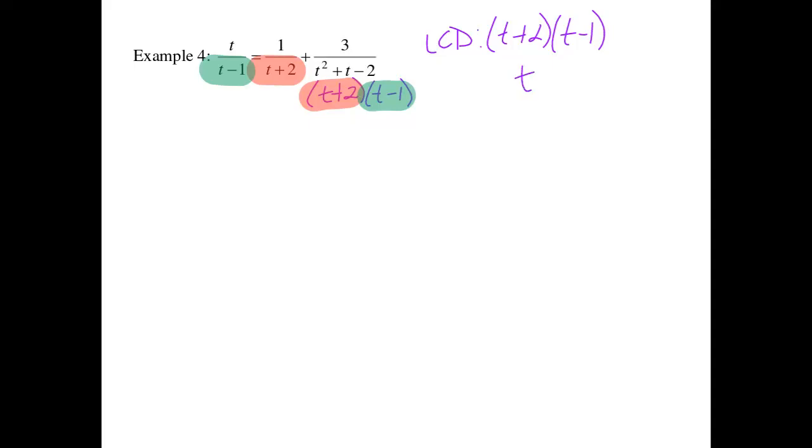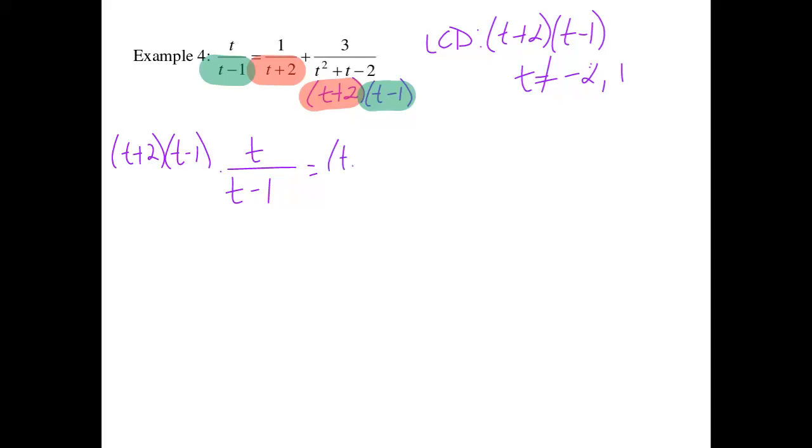Now, t cannot equal, in this case, think about it, what are the things that are going to produce zeros here? Negative 2 and positive 1 from each of those factors. All right, and now we multiply every single fraction by the LCD. So LCD is t plus 2, t minus 1, times t over t minus 1.